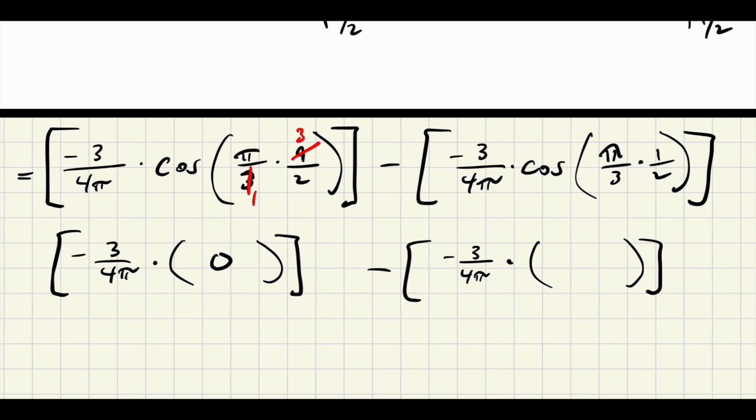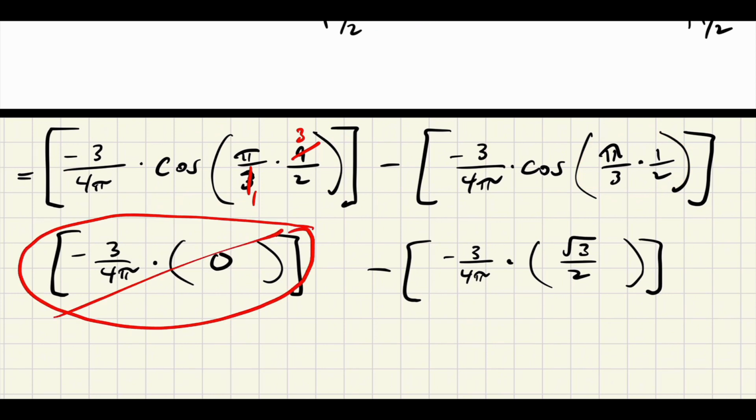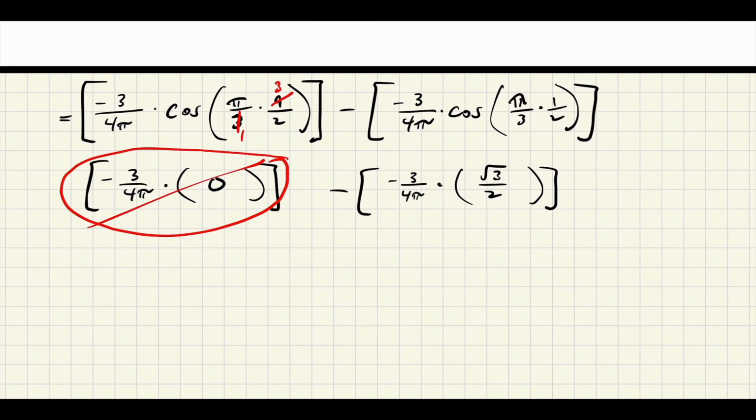We like zeros because zeros cancel things out. The other guy is cosine of pi over 6. So what is cosine of pi over 6? Square root 3 over 2. Well, 0 times anything is 0. So this whole side is just going to go away. So we don't have to worry about it.